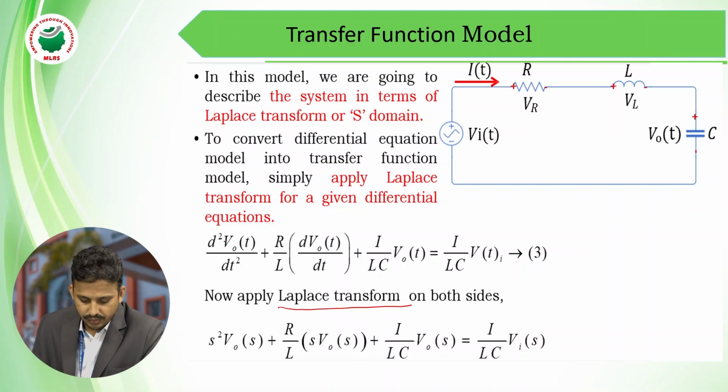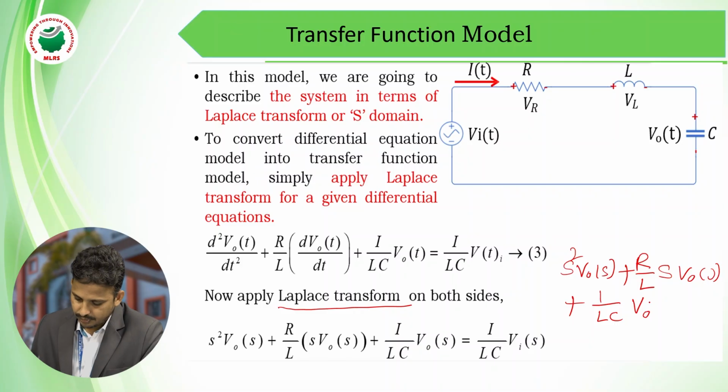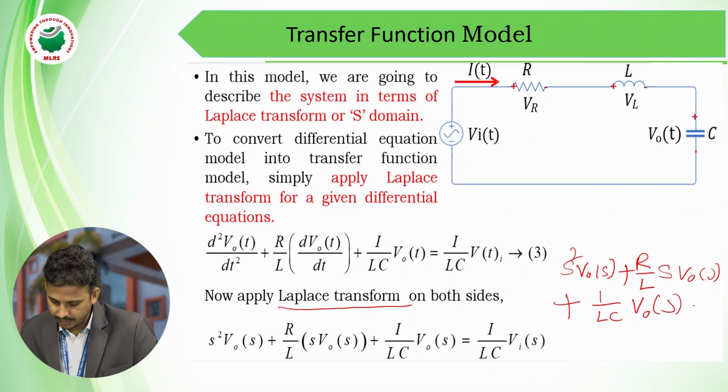The Laplace transform of d square v naught of t by dt square is s square V naught of s, plus R by L into dv naught by dt is s into V naught of s, plus 1 by LC V naught of s is equal to 1 by LC into Vi of s.